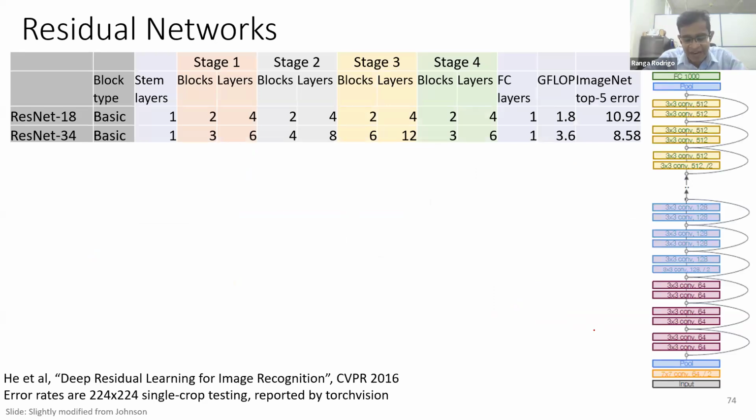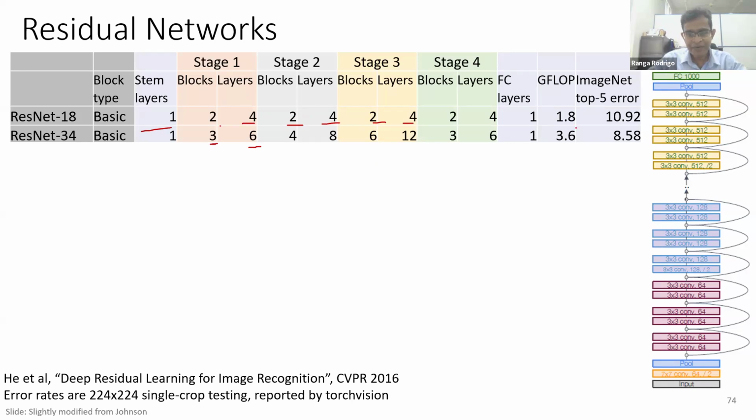So with this, we can understand the various configurations of the ResNet. ResNet 18 is like this. You can see we consider briefly the stem network, the number of blocks and the number of layers. Each block has 2 layers. In stage 1, 2 blocks, that means 4 layers. Here, in stage 3, 3 blocks per stage, so therefore 6 convolution layers and so on.